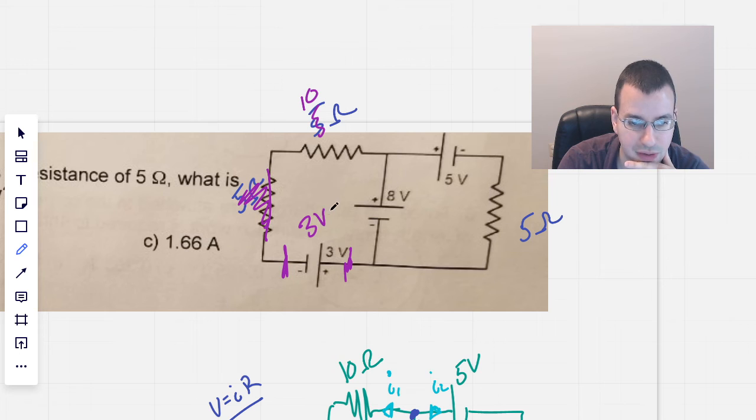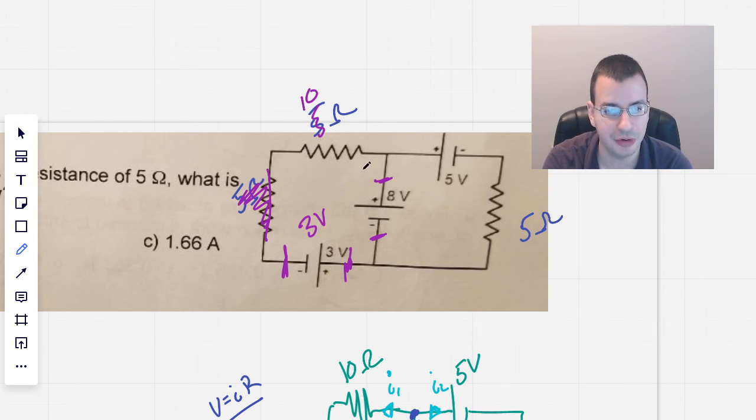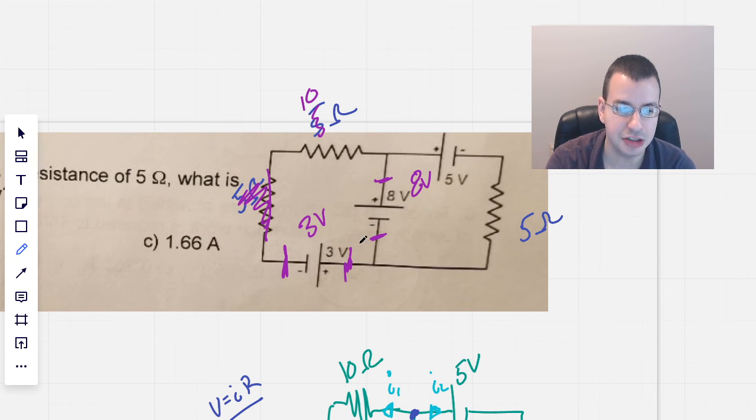This one is maintaining an 8 volt difference across this portion. And they're connected right there. So the difference between this point and this point will be 11 volts.